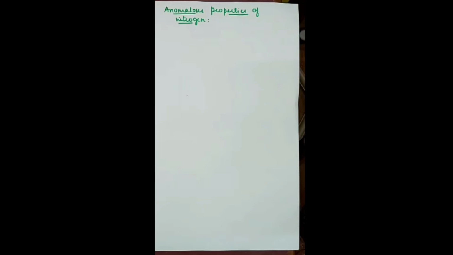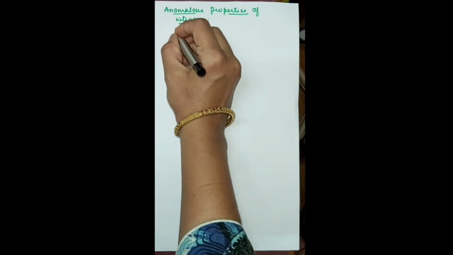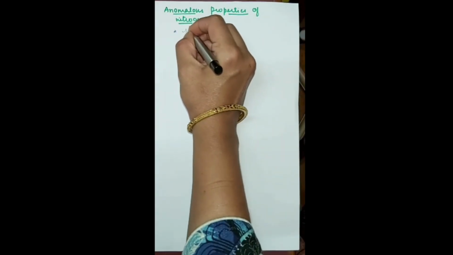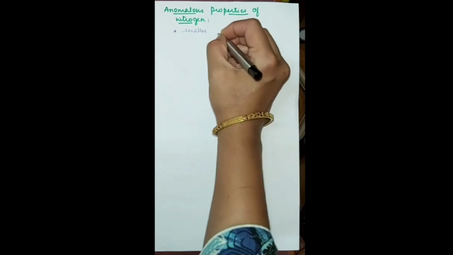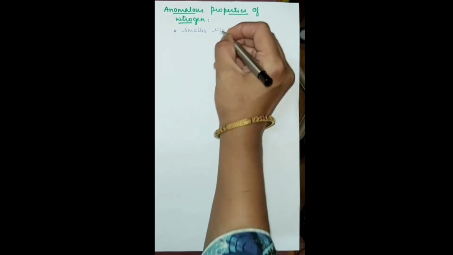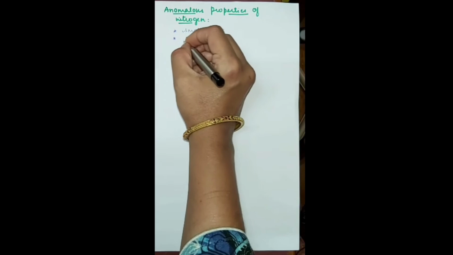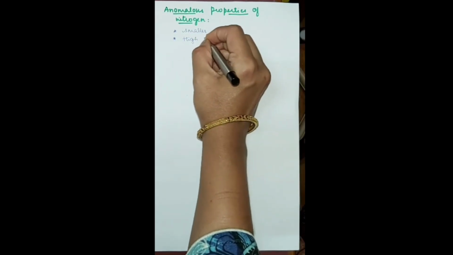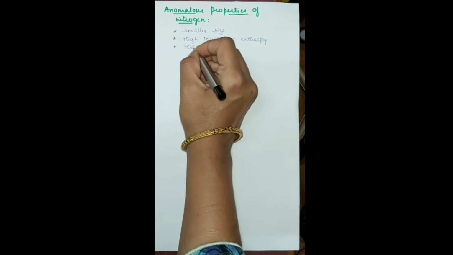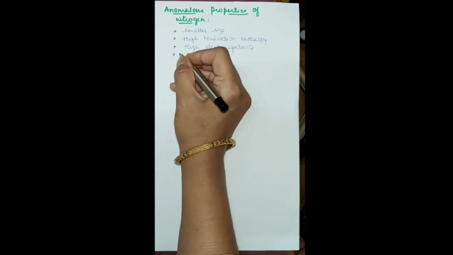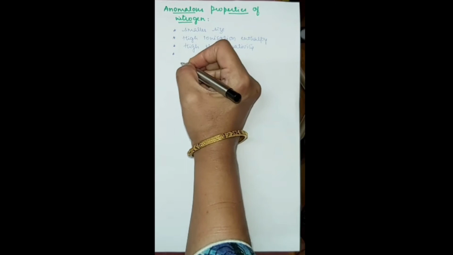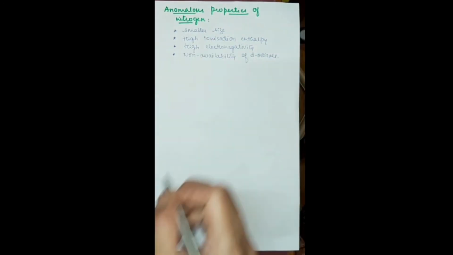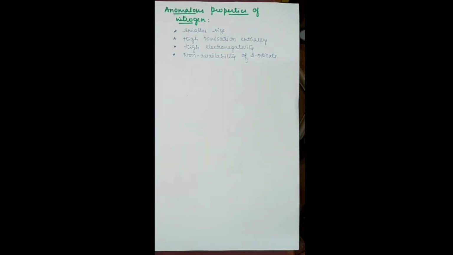It is due to the smaller size, high ionization enthalpy, high electronegativity, and the absence of d orbitals.